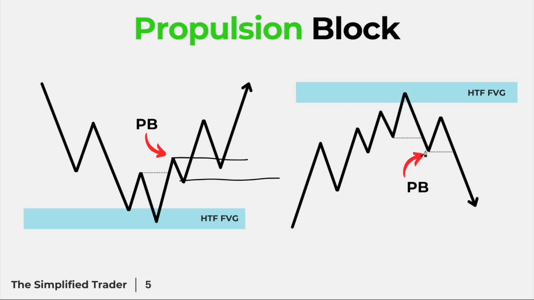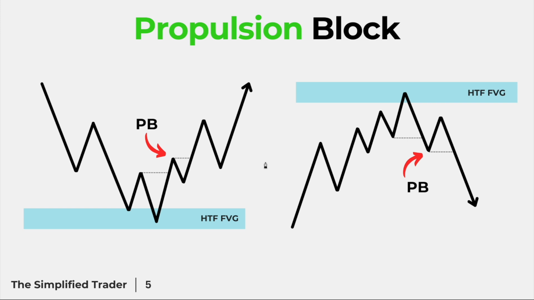As soon as we trade back into that order block and we close below the series of up close candles that took out this order block. So you drag your order block across, you wait for price action to trade back into it, and then close below the series of up close candles that traded back into that order block. That is the formation of my propulsion block. Remember, a propulsion block is just an order block out of an order block.